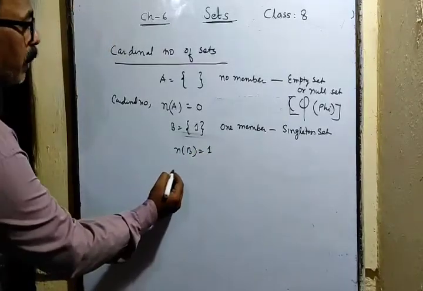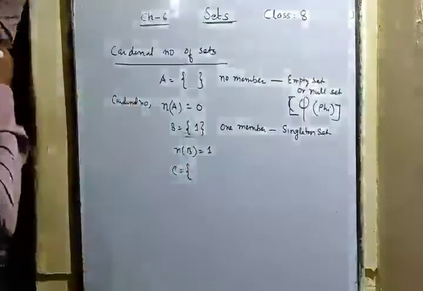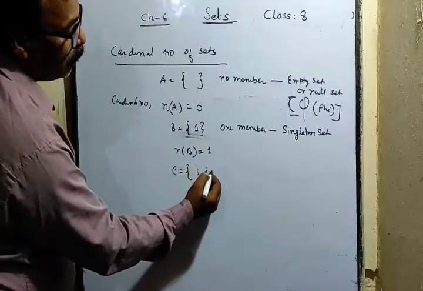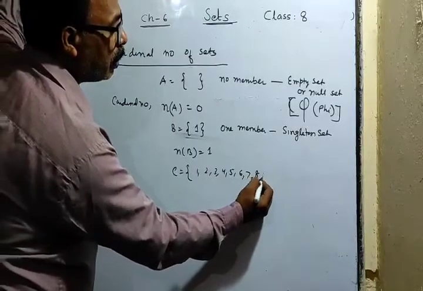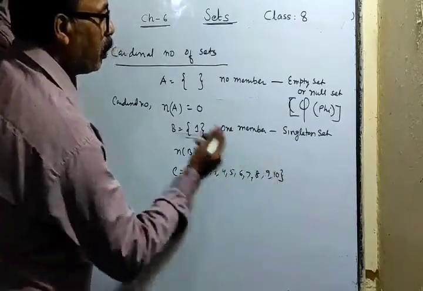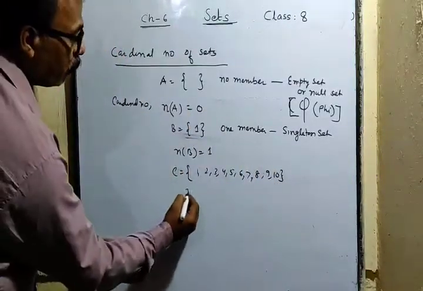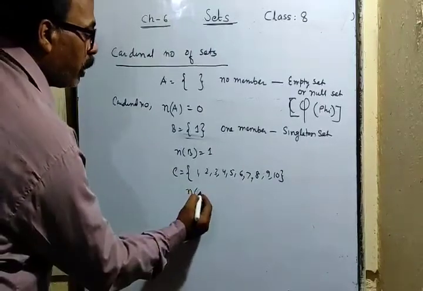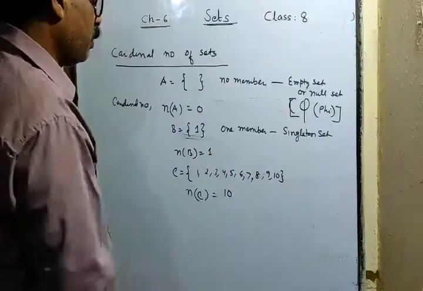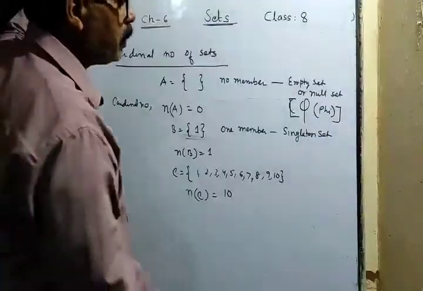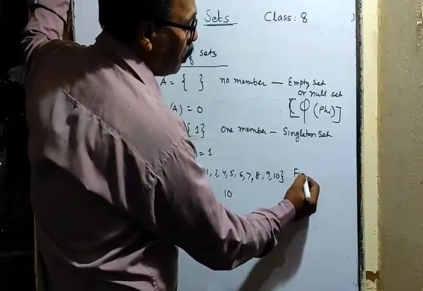Now the next set we are considering is C, that is equal to {1, 2, 3, 4, 5, 6, 7, 8, 9, 10}. So n(C), the cardinal number of C, is coming out as 10 members. Since we are able to count the number of elements here, such types of sets are called finite sets.